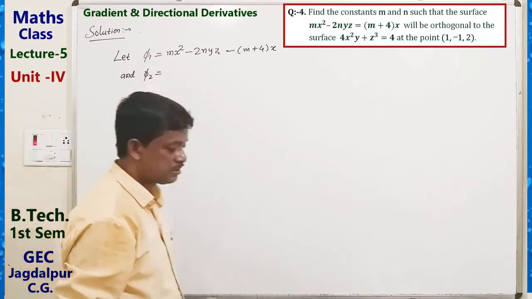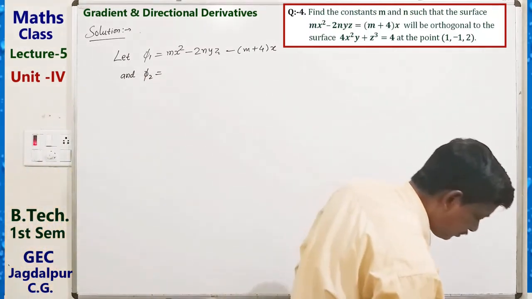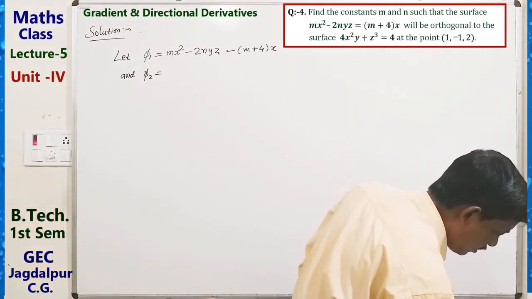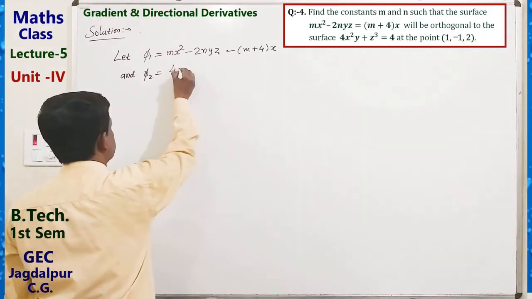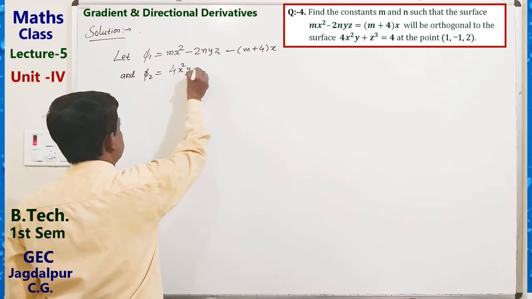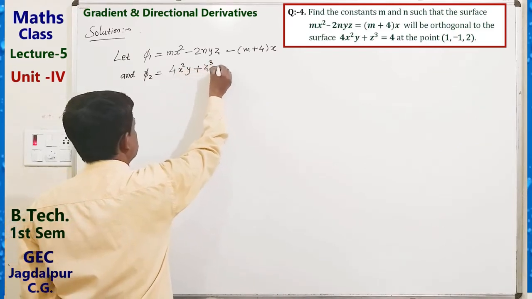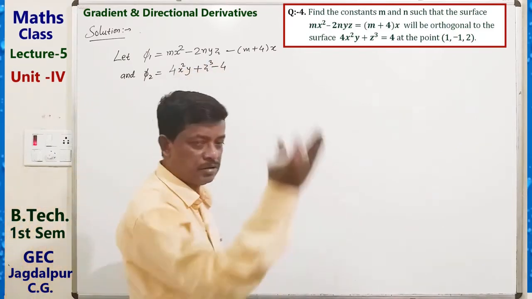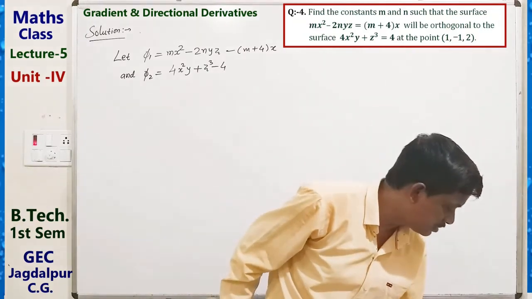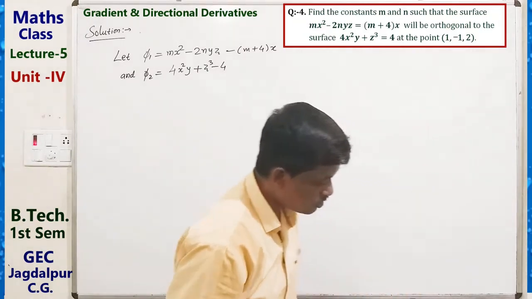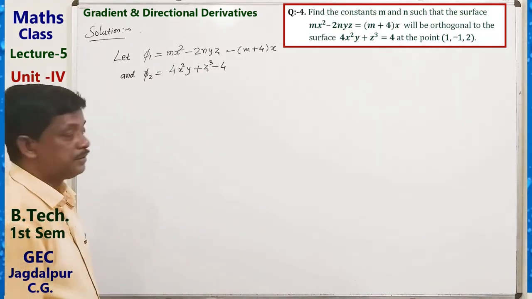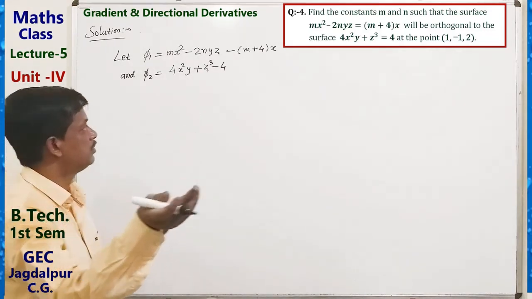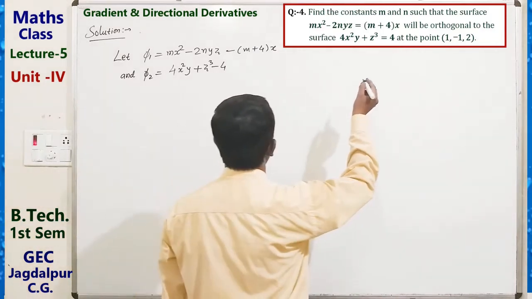The second surface is what? 4x square y plus z cube minus 4, transferring to the left hand side. The point is (1, minus 1, 2). So here we have to find the constants m and n.